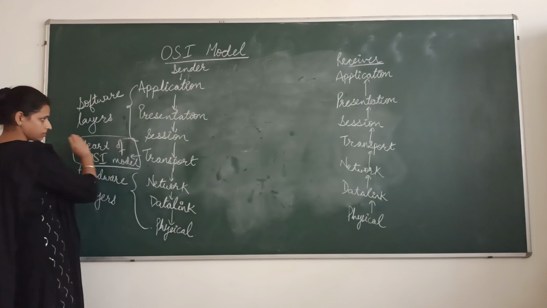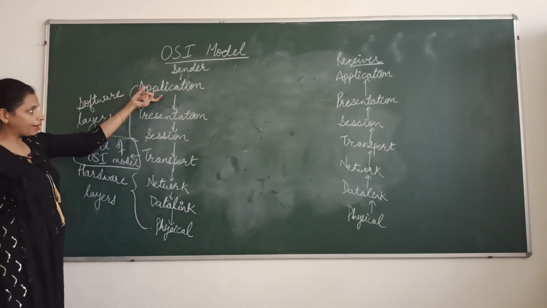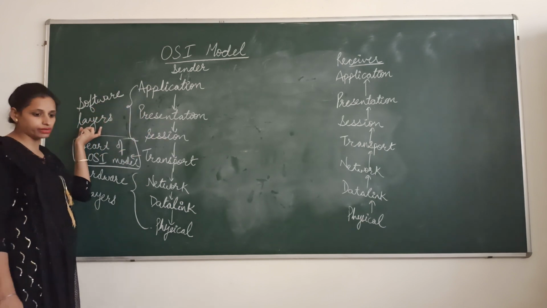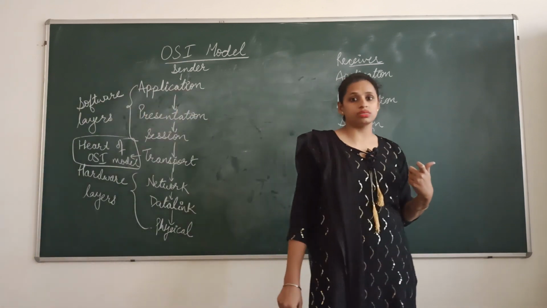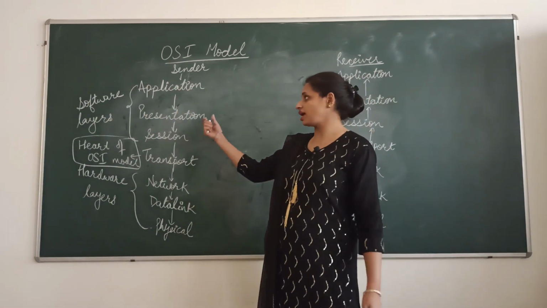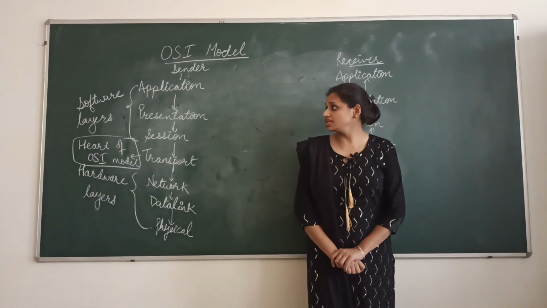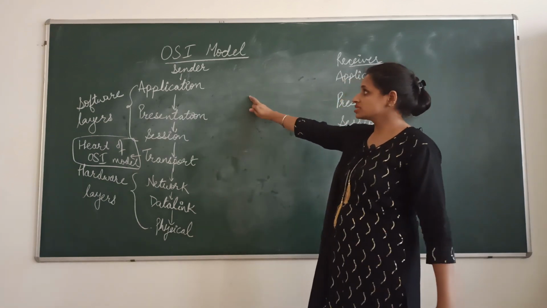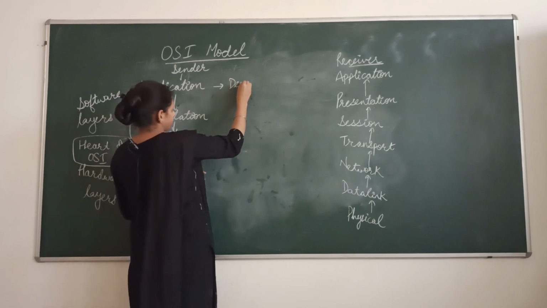Now, the first application, presentation and session. These three layers are known as software layers because these are based on the applications, software applications of the networks. Application layer, this deals with application related issues.